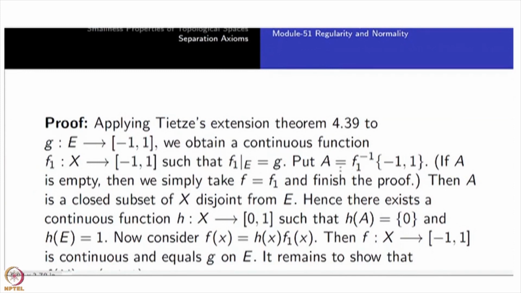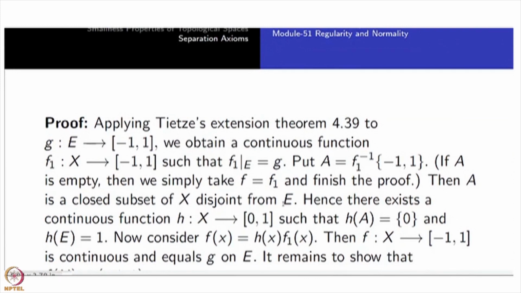What may happen is, look at F1 inverse of {-1, +1}, just the two points. Put that as A. That is a closed subset. This may be empty. If A is empty, then we are happy. That means F1 maps X inside the open interval (-1, +1). If A is not empty, then we have to work harder.